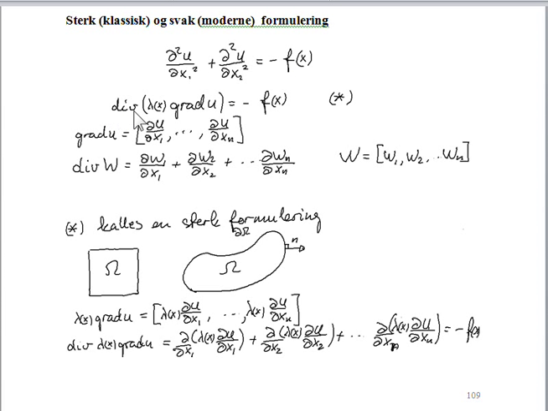The divergence of lambda(x), where lambda(x) is called the thermal conductivity, multiplied with the gradient of u, equal to minus f(x), is some more general version of this Poisson equation. So this is called a strong formulation.